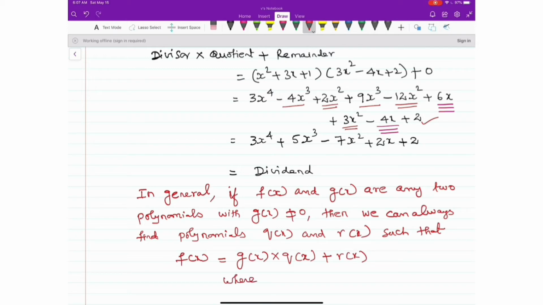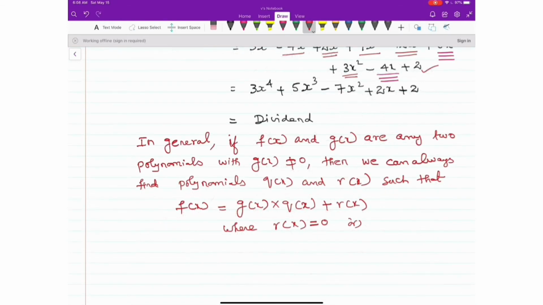these two conditions are very important, where r of x is equal to 0, or degree of r of x should be less than degree of the divisor, that is g of x.